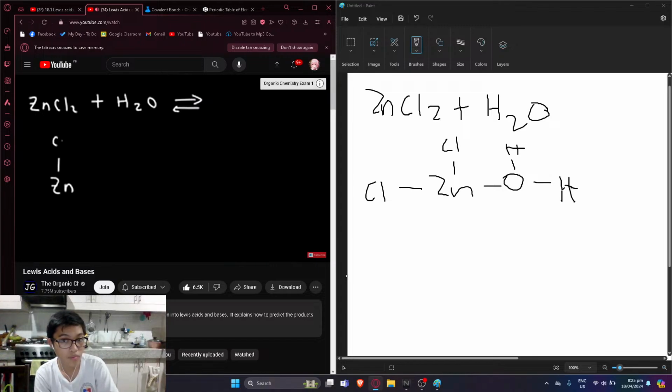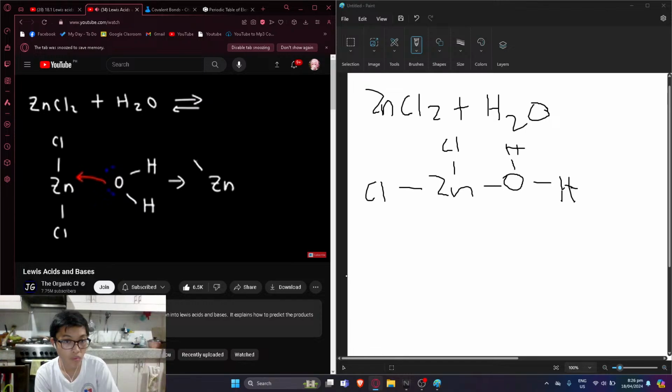So I'm going to draw zinc chloride like this, and then we're going to react it with H2O. Oxygen has 2 lone pairs, and so the oxygen atom is going to attack the zinc atom. And we're going to have a trigonal planar shape around the zinc atom.